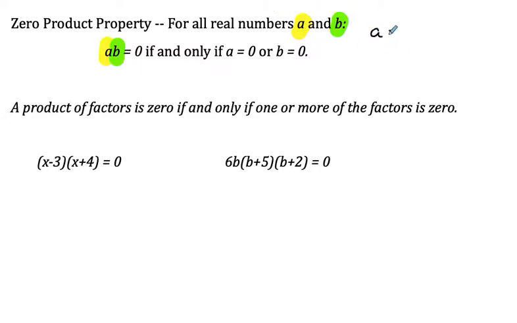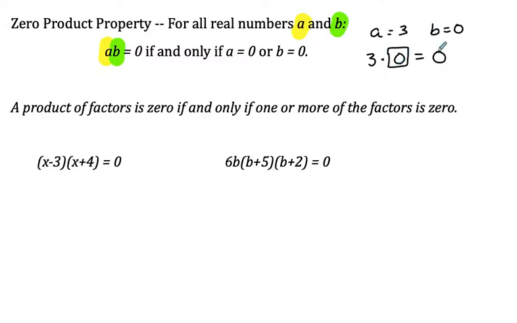Let's let a equal 3. So 3 times box equals 0. I'm going to do this like elementary school. What has to go in the box? b has to be equal to 0 in order for that to work, right?